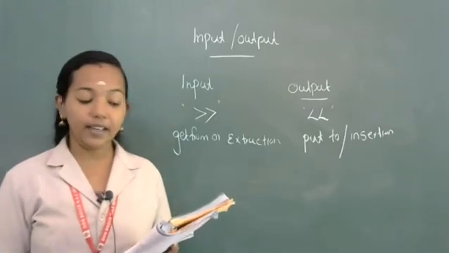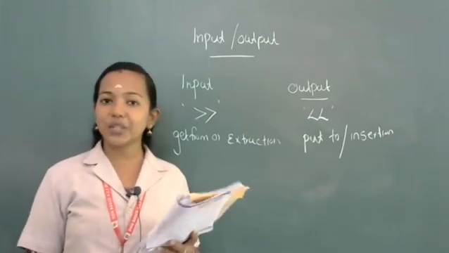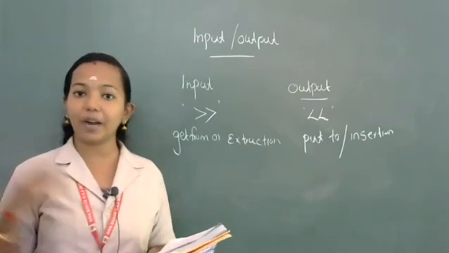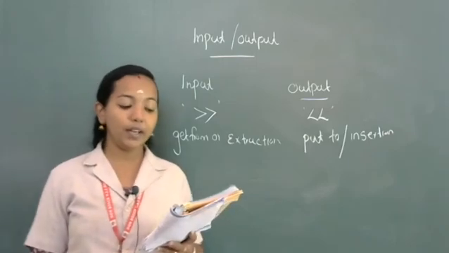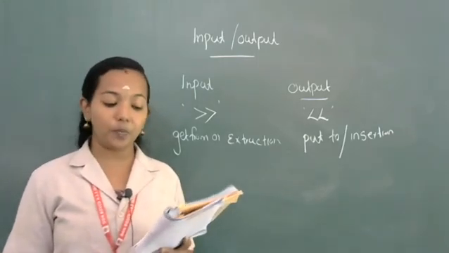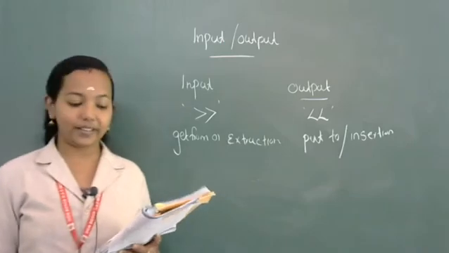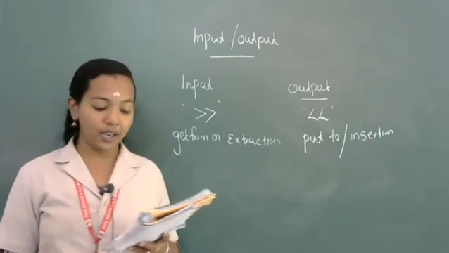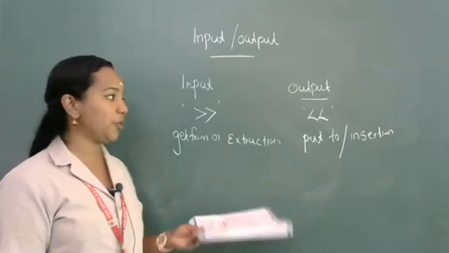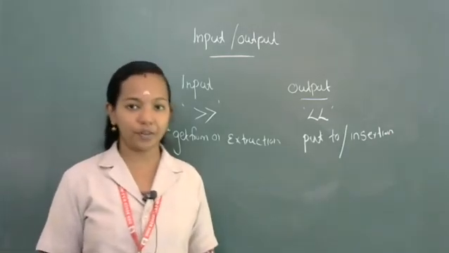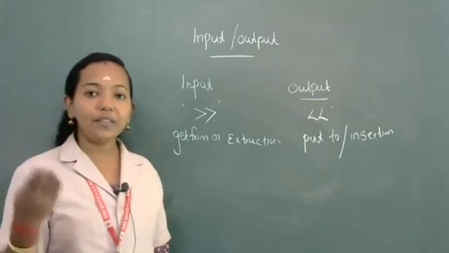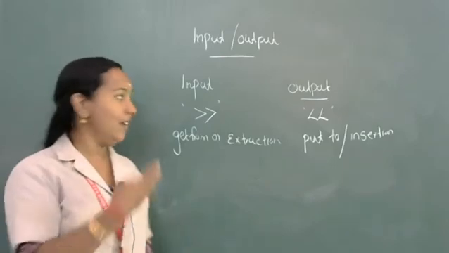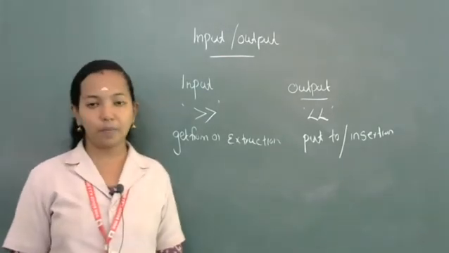Then similarly in the output operation, data is transferred from RAM to the output device. That means data is transferring from RAM to the output device. Usually the monitor is the standard output device to get the result directly. We use the insertion operator, also known as the put to operator. For giving a value to the computer, we use the input operator, the get from or extraction operator.